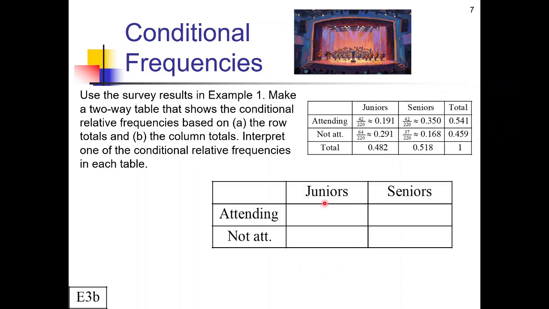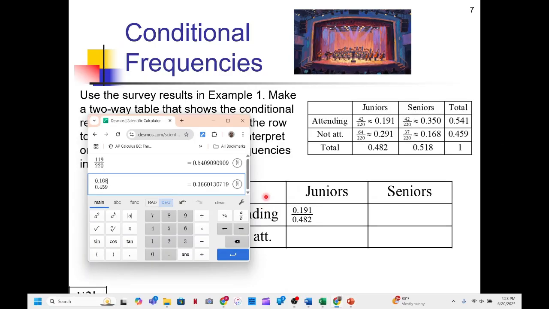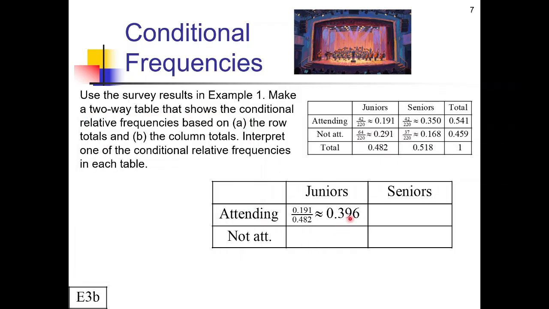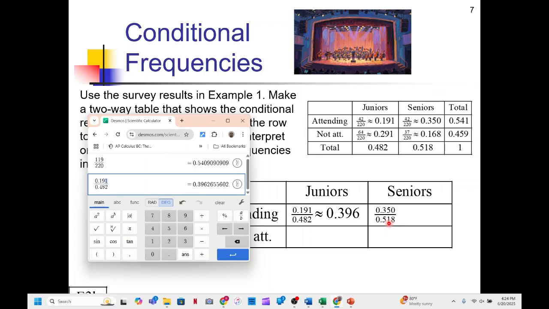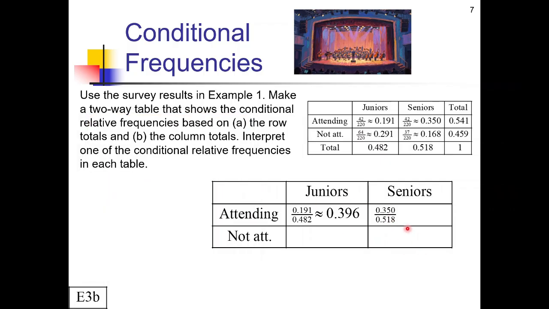All right, so doing our table again, all the blanks in there. Now up here in the upper left, we're going to do 0.191 divided by 0.482 and see what that comes out to. So we've got 191 over 482, and that's 0.396. And then moving over here, we've got 0.350 over 0.518, that comes out to 0.676.